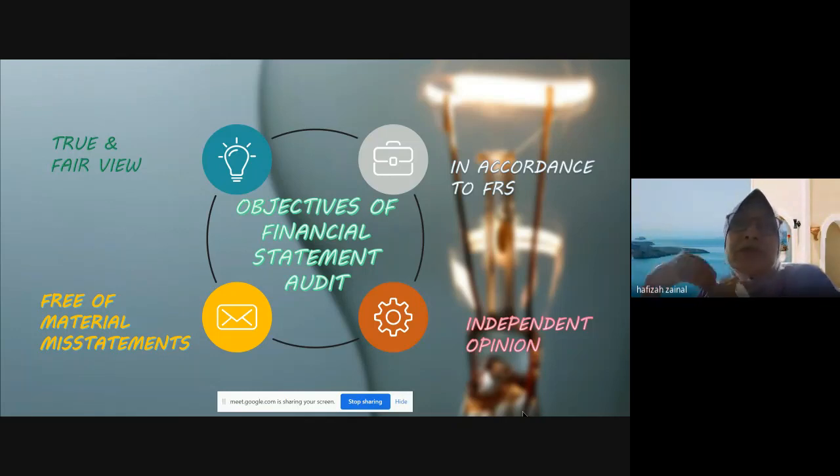Because the US is using generally accepted accounting principles, GAAP is different. That means they do not follow IFRS. So we have to know, because whenever we do the debit and credit, the measurement, the valuation, how they recognize the item, classification, presentation and disclosure, everything goes back to financial reporting standards.